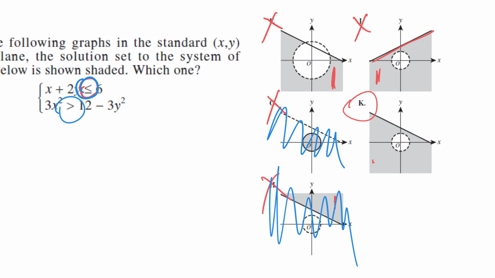And then our circle is going to have a dotted line because it does not have an equal to sign underneath. So we already marked this one out. And when we move the letters to one side, it would be greater than 12. So greater than the circle means outside of the circle. So the shading should stay outside of the circle. But again, we do get K as a correct answer in this one.